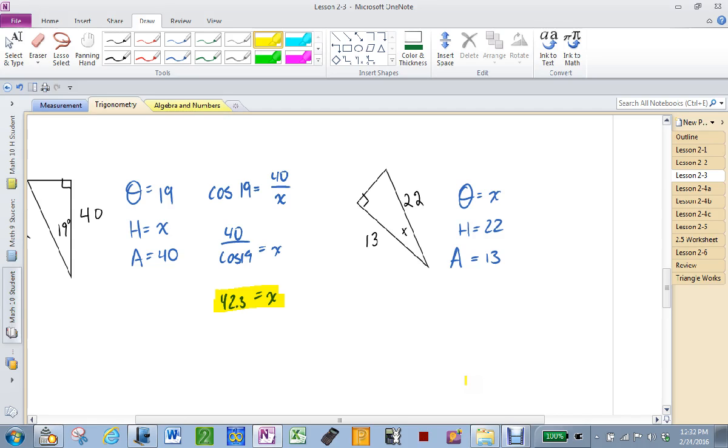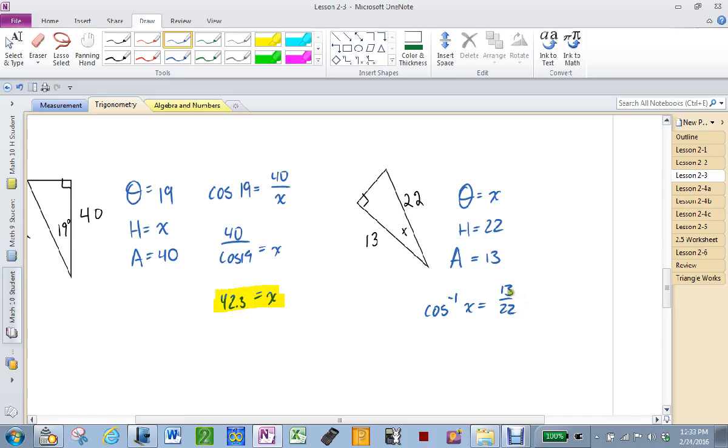So if everything else is the same with cos and theta, except we're working with the hypotenuse, do you think everything else is the same with shift cos, and shift tan, or shift sine? Yep. So since I have h and a, I know I'm doing cos. But since I need an angle, I've got to do shift cos. Shift cos of x is a 13 over 22.